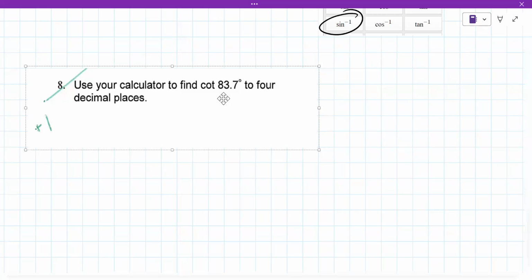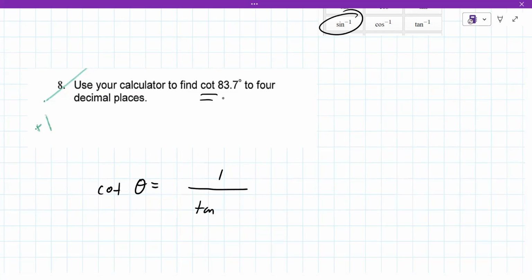Okay. Most calculators do not have a cotangent button. They just don't. So you might be wondering, well, how can you even do this? Well, cotangent of an angle is really 1 over the tangent of that angle. And every scientific calculator does have a tangent button.